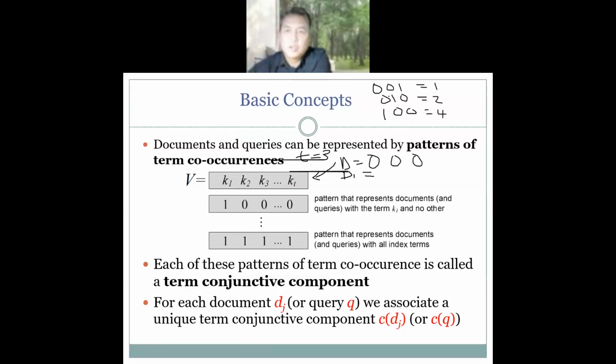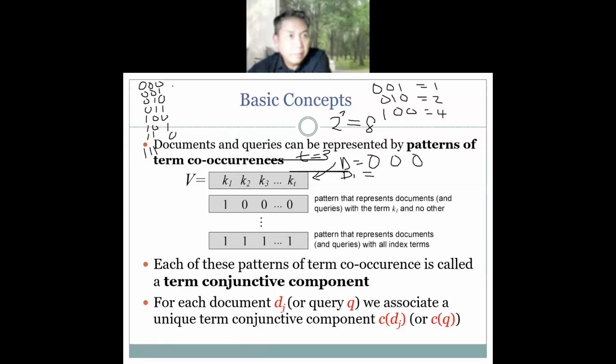Normally if you have this 3-bit, you have 2 to the power of 3 patterns. So basically you start from 0 and then 1, 2, 3, 4, 5, 6, and 7.